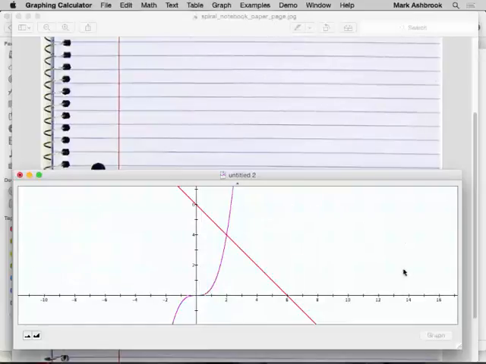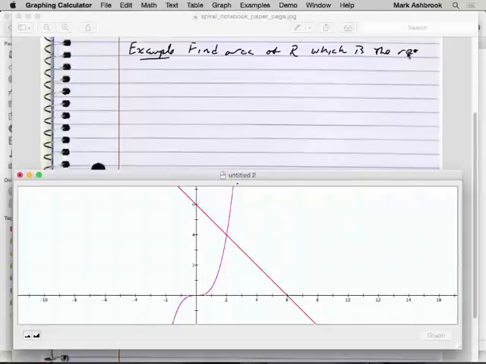Okay, so same curves, new example. So what about the x-axis?